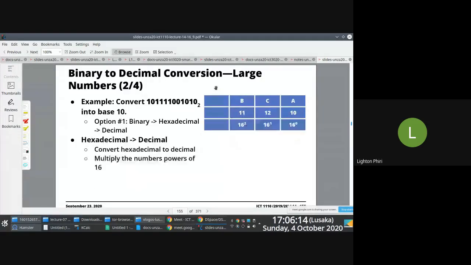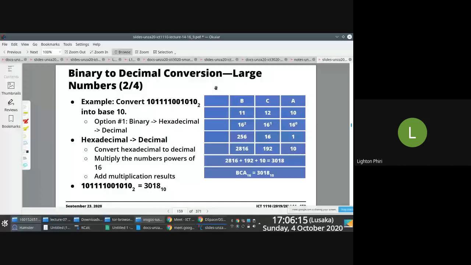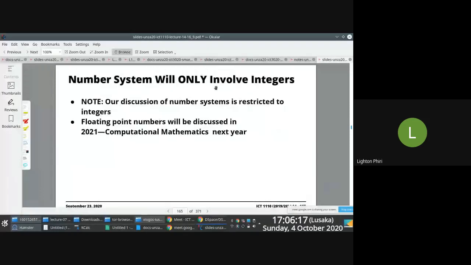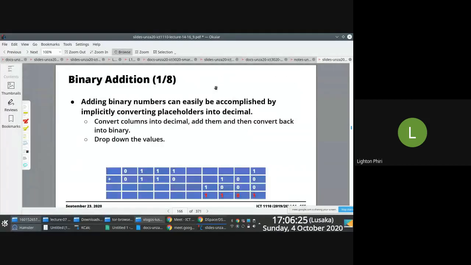So if there are no questions, then we will continue now, where we start looking at basic arithmetic associated with binary numbers, right? And we shall start with binary addition. Here's the thing. Let's say you want to add two numbers, 0111 and 0110.